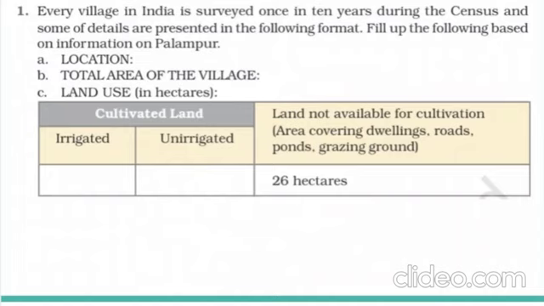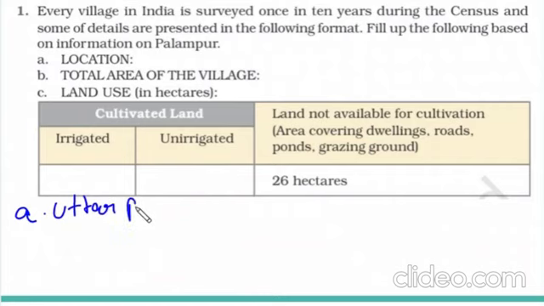Correct. Now, the first one we have is the location. What location will we write? It is said that Palampur is an imaginary village, but it resembles a village present in western Uttar Pradesh.